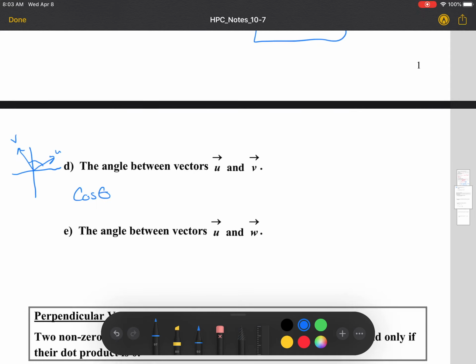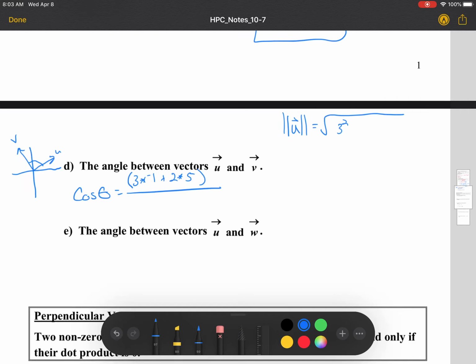We know it's cosine of theta equals the dot product, which in this case is going to be 3 times -1 plus 2 times 5, all over the norms. Let me just do these out to the side. I'm going to do my norm of U and V up here first so I can plug those in.